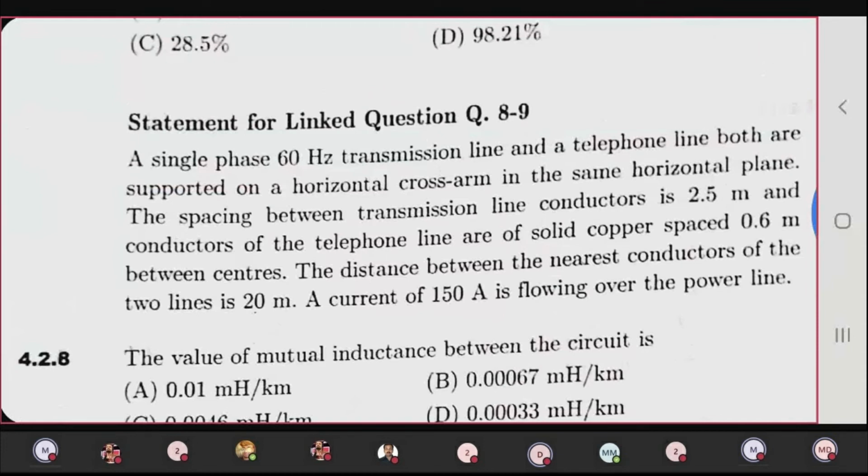First of all, we have to understand the question. What is actually presented in the question? We have two scenarios. One is your transmission line, another one is your telephone line, both arranged in a horizontal cross arm. I will draw the diagram.